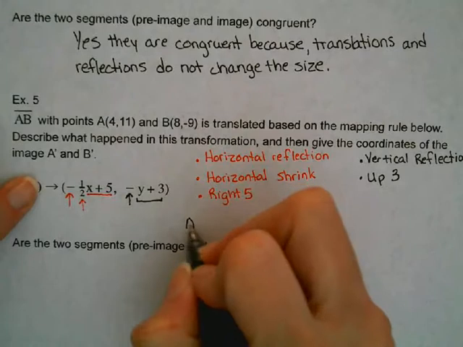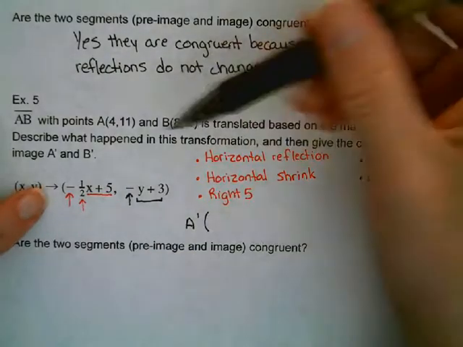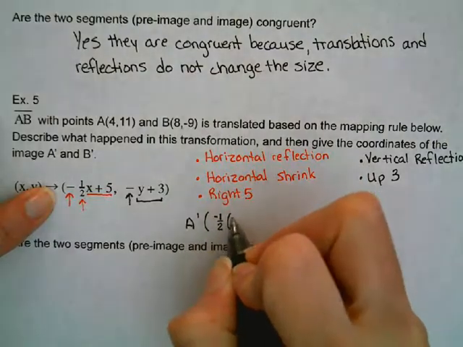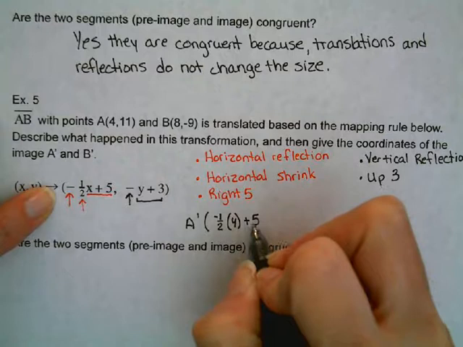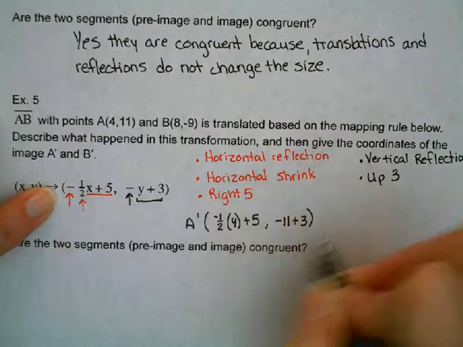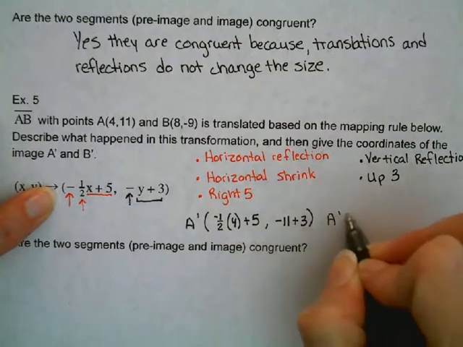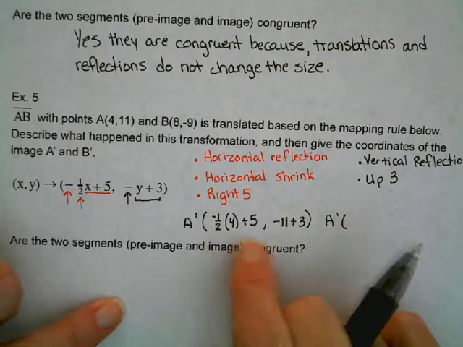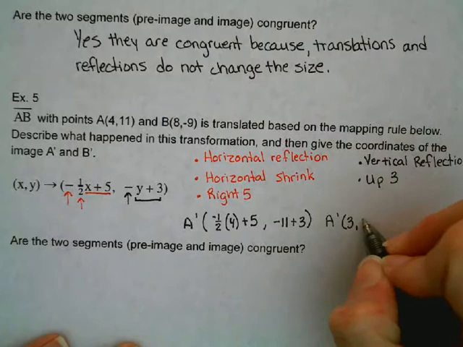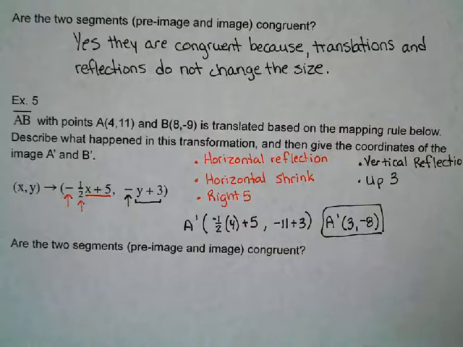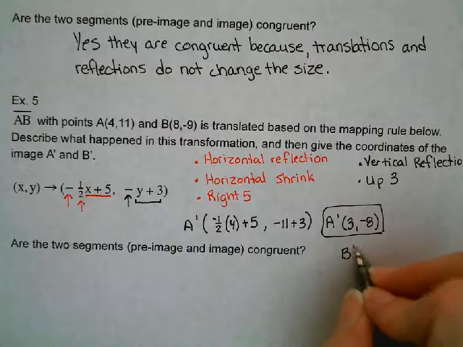Alright, so we're going to describe what happened, check, and then give the coordinates of the new image. Alright, so the new A, if you plug in the number 4, it would be negative 1/2 times 4 plus 5, okay, and then negative 11 plus 3. So the new A, that would give me negative 1/2 times 4 is negative 2 plus 5 is 3, negative 8.